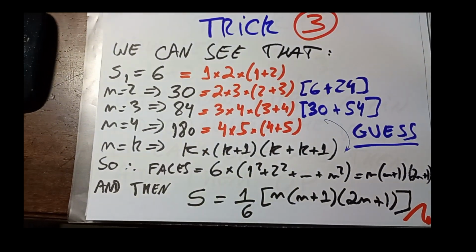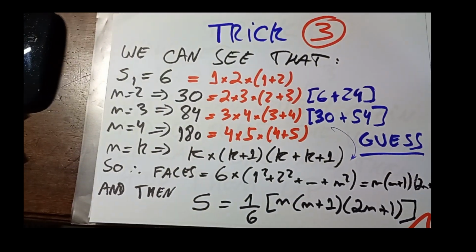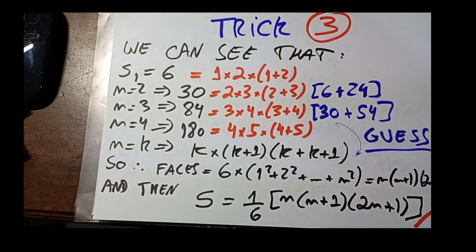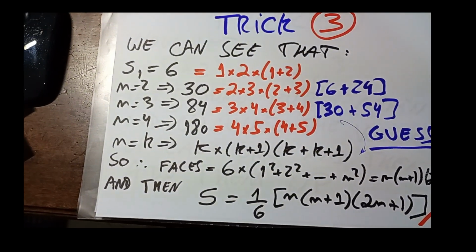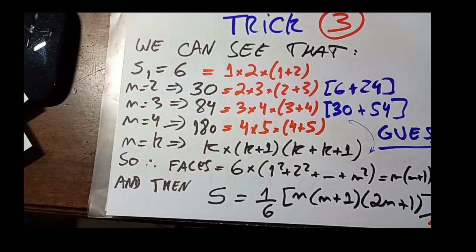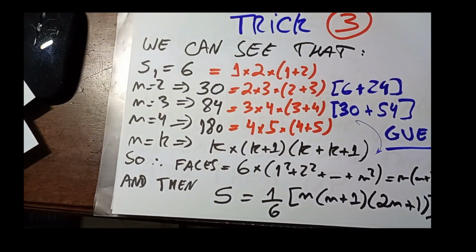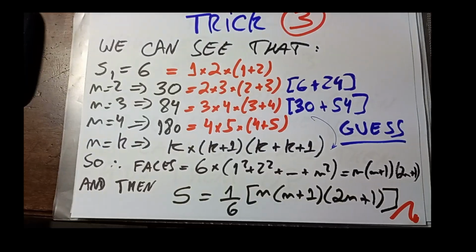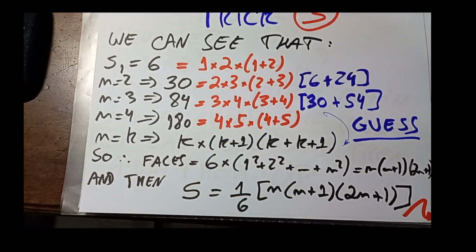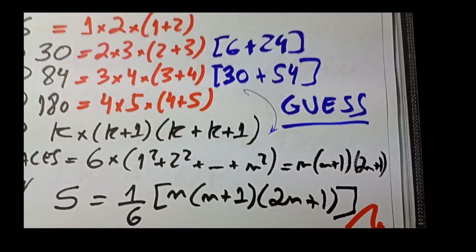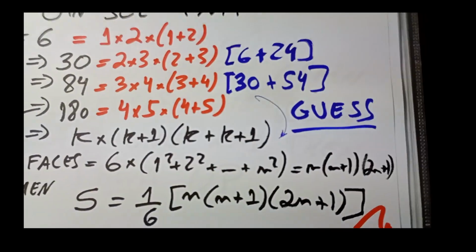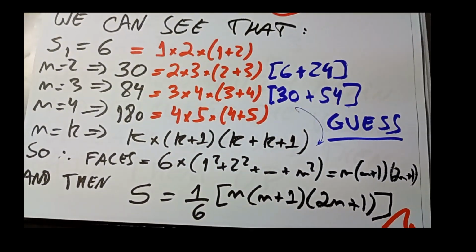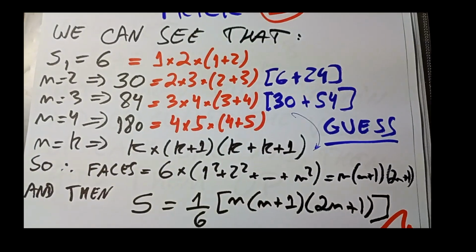So what we want to calculate is the sum of 1 raised to 2 plus 2 raised to 2 until n raised to 2. And the number of squares is equal to n times n plus 1 times 2n plus 1. So the only thing we have to do is divide this number by 6.